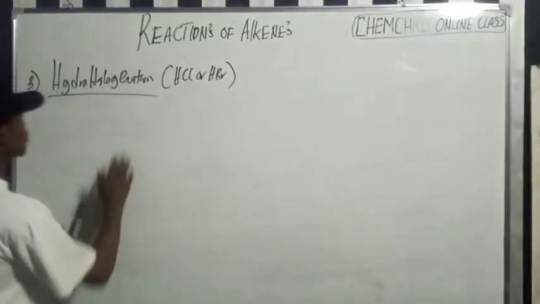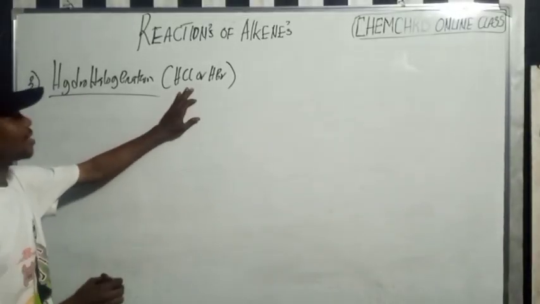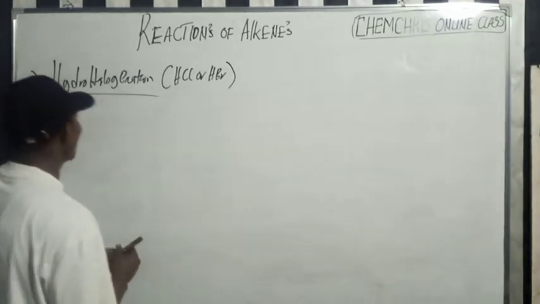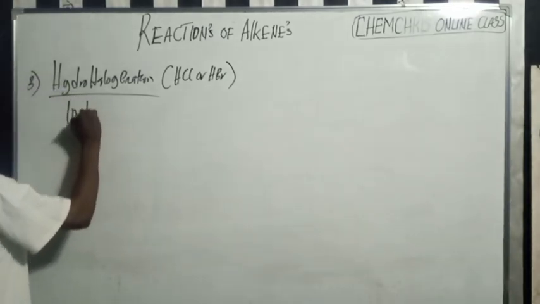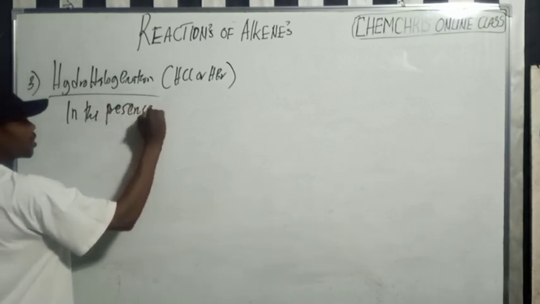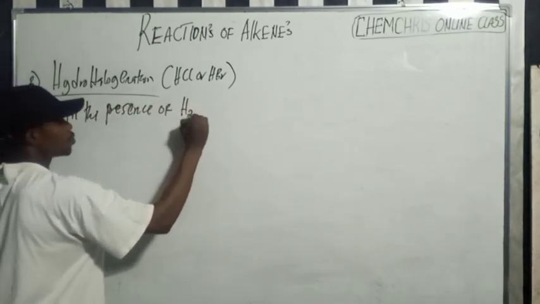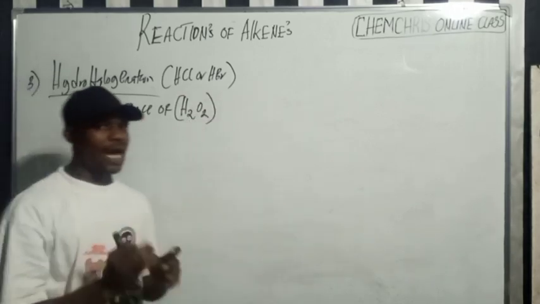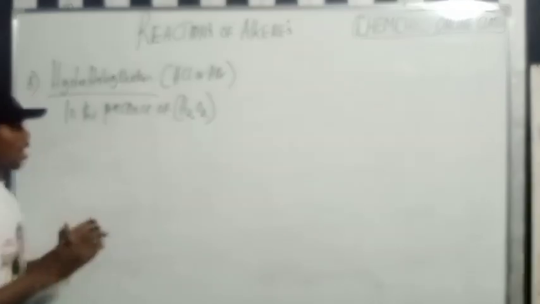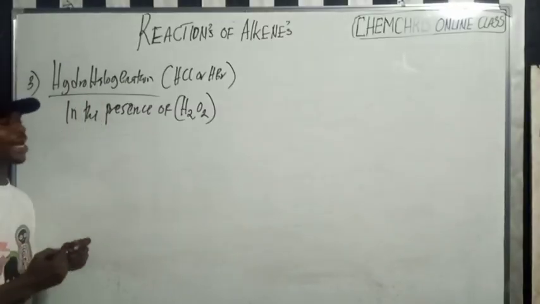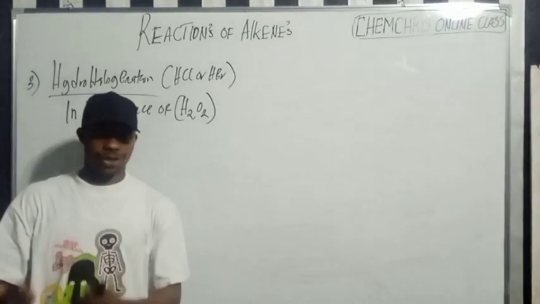Do you understand? Now, addition of HCl in the presence of peroxide, H2O2, hydrogen peroxide. Now look at something here. Remember, when hydrogenation undergoes reaction, it follows Markovnikov addition, right?